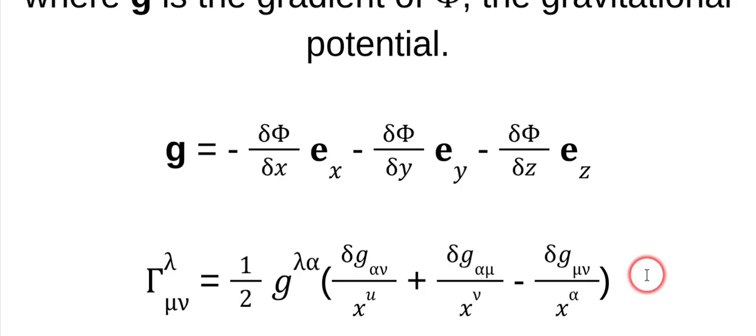And according to the literature, if you do what's called the weak field limit, so you have a test mass moving slowly toward a not very large gravitational field like Earth, this will reduce to this. So this could be the generalized form of that.